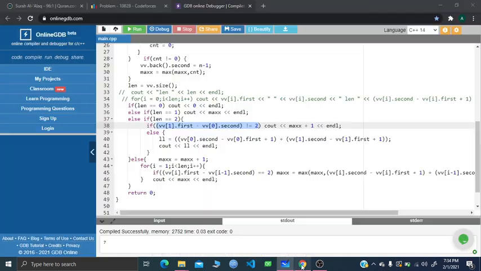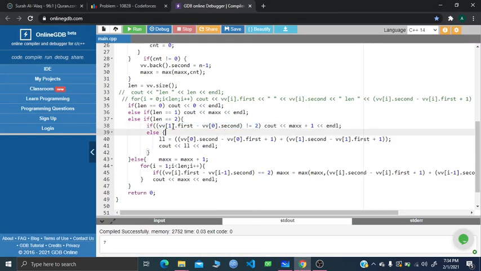So I'm just checking whether there is only 1 silver or not. If it's not, then the answer would always be maximum plus 1, because I can always choose something. And if it is equal to 2, then we can find our maximum result, which is adding those 2 groups' lengths.